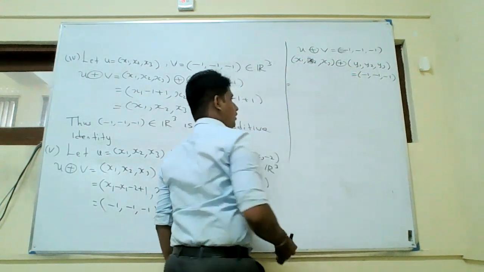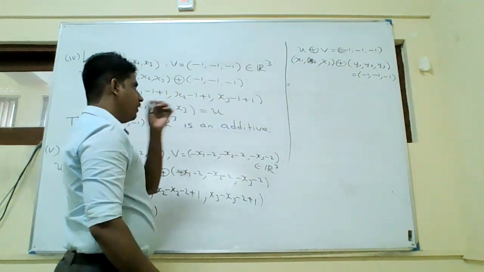So you take the b vector with values y1, y2, y3.